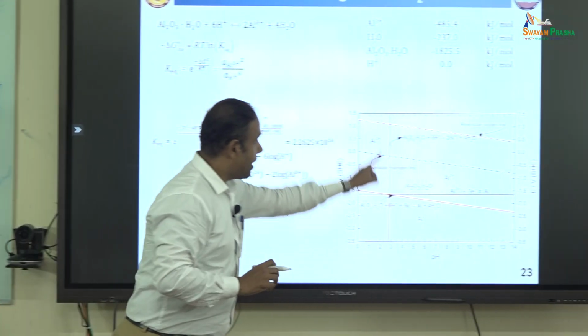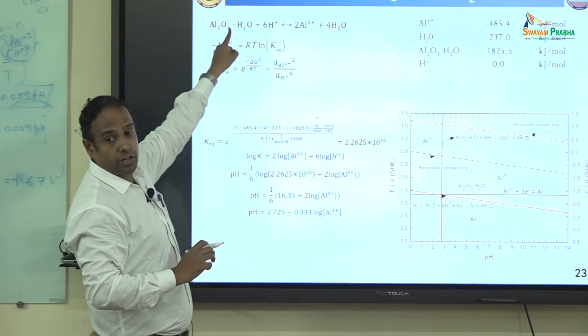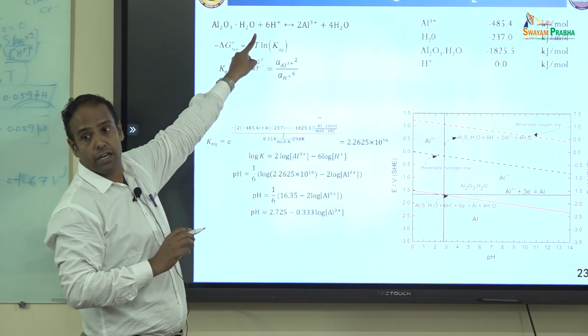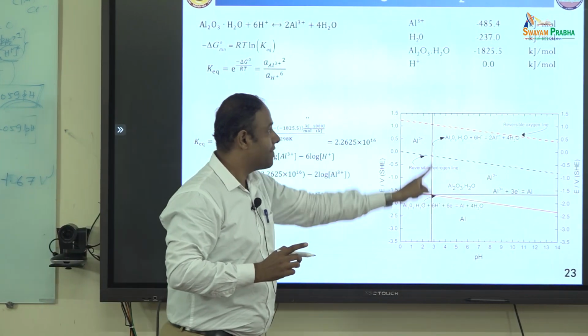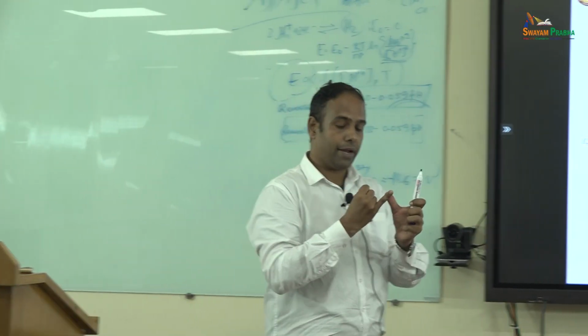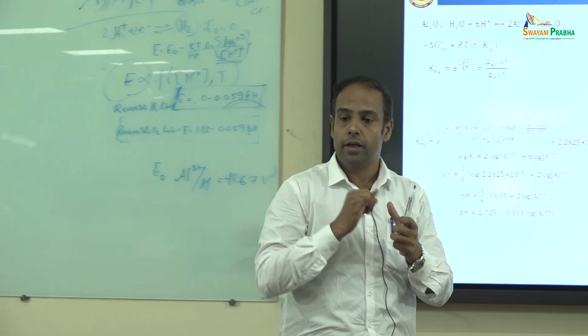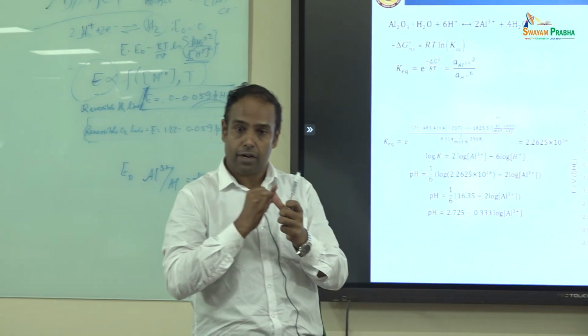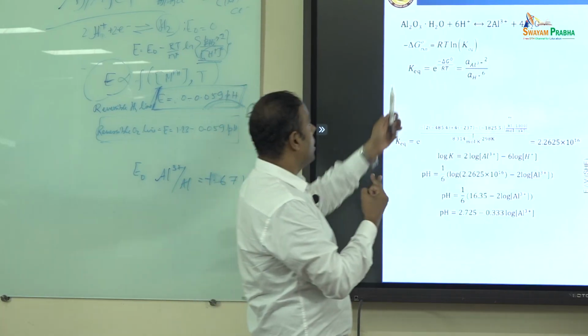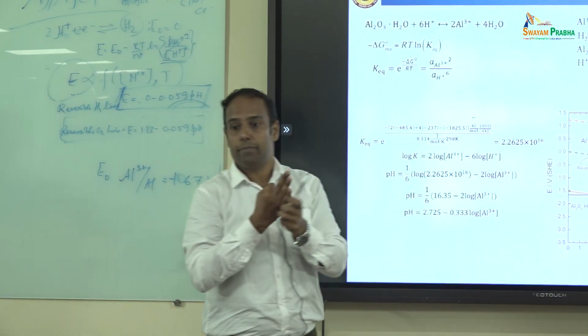So, in a Pourbaix diagram, if the reaction is chemical in nature and involves only H plus and no electrons, it is going to be a vertical line in the Pourbaix diagram. So, first I said metal can become a metal cation. Second, metal can have an equilibrium with metal oxide, and third I am talking about metal oxide being in equilibrium with the metal cation.